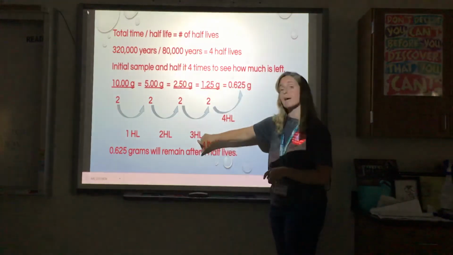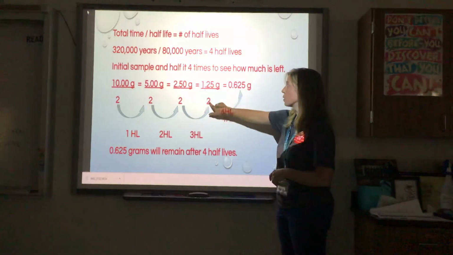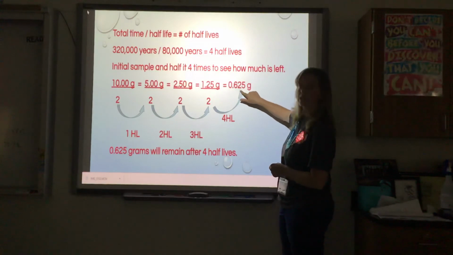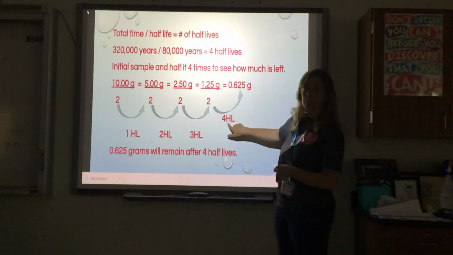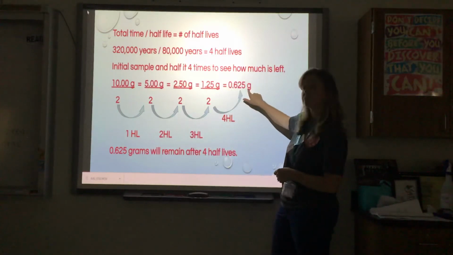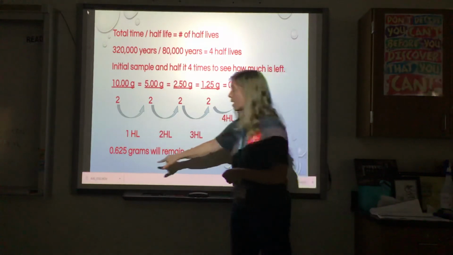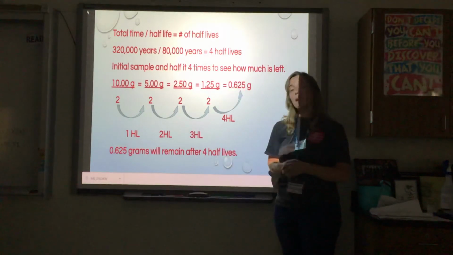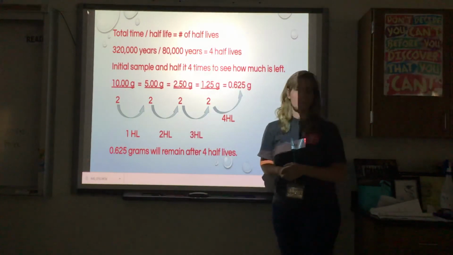That's going to be 3 half-lives. And then I'm going to take 1.25 divided by 2, and that's going to give me 0.625 grams. And that's my 4th half-life. So as you can see, I had to go through 4 half-lives, and this is how much remains. So at the bottom, I'm going to say 0.625 grams will remain after 4 half-lives, okay?